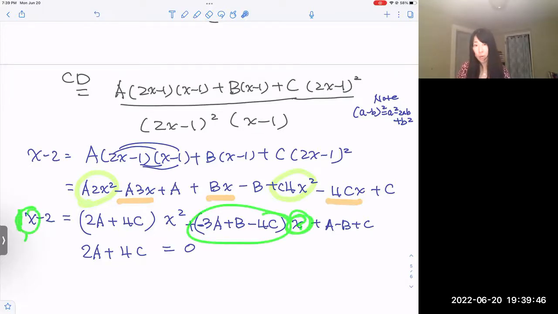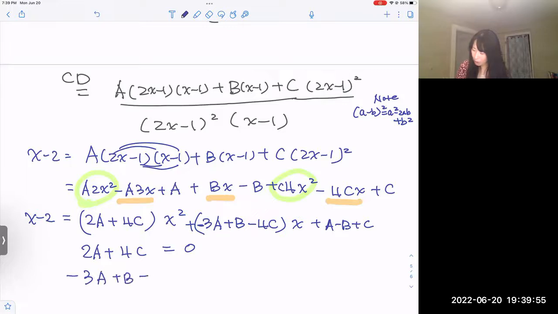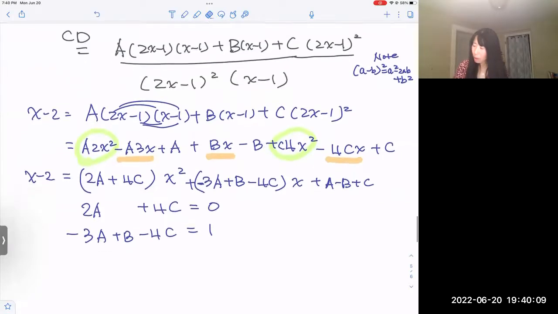Since there is an invisible 1 there, negative 3a plus b minus 4c equals 1. The last constant term, a minus b plus c, corresponds to negative 2, so a minus b plus c equals negative 2.